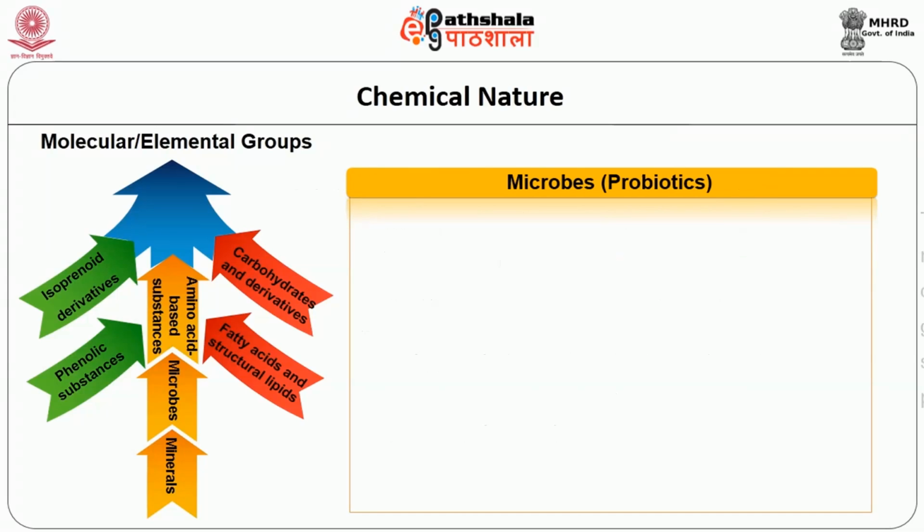The next one is about the microbes, or the ones which act as probiotics. While the other groupings of nutraceuticals which you learned so far involve molecules or elements, probiotics involve only the intact microorganisms.